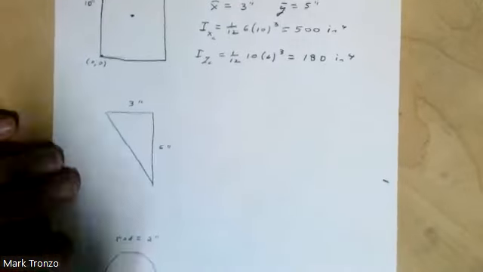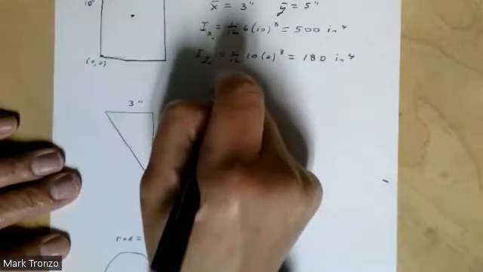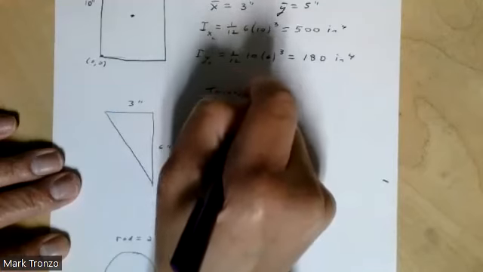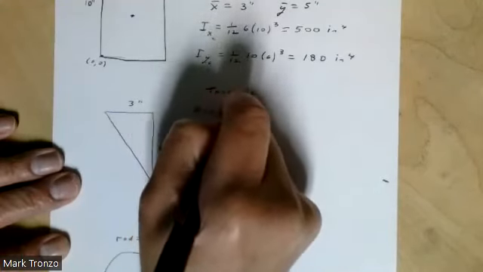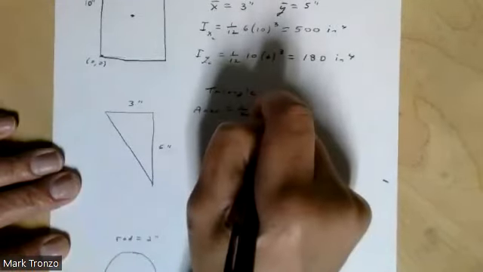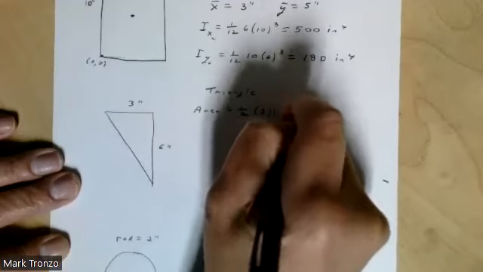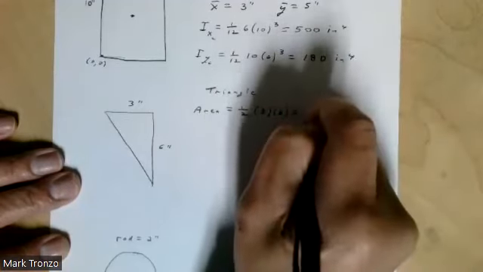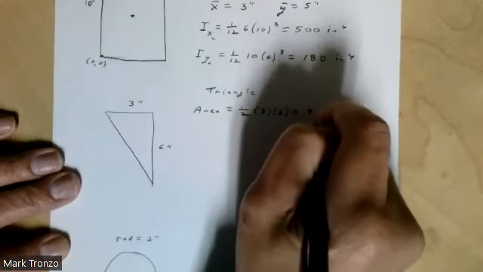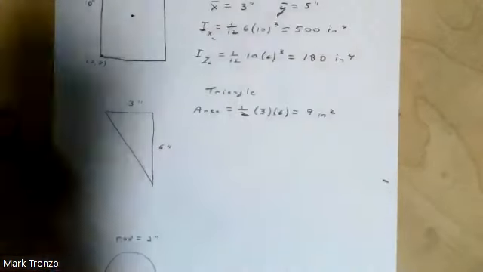And then we'll have the triangle. The area is 1/2 the base times the height, and that's going to be 18 divided by 2, so that's going to be 9 inches squared.